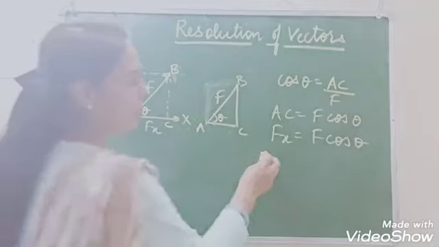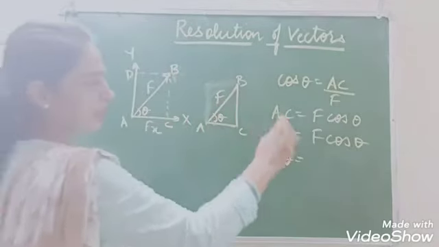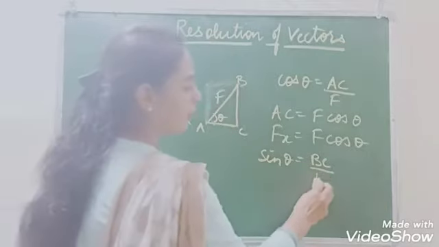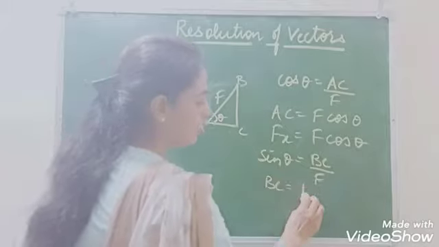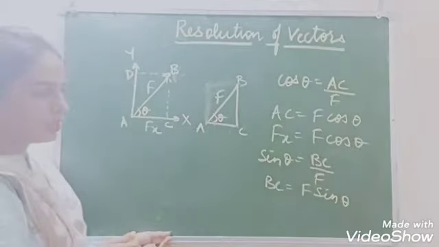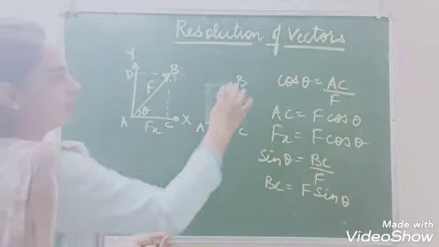Similarly, what is the value of sin theta? Sin theta is the perpendicular BC upon the hypotenuse, that is BC by F. So we can write BC is equal to F sin theta. What is BC?